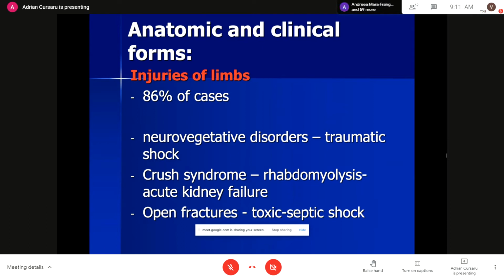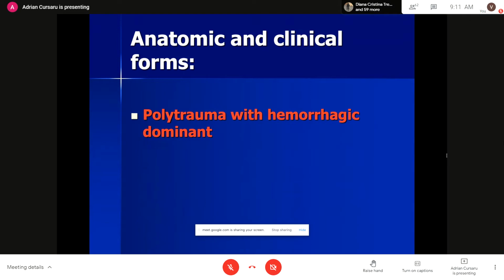The name of the classification is Gustilo-Anderson, and it is a very good classification, and that classification establishes the kind of treatment that we have to apply for a good evolution.